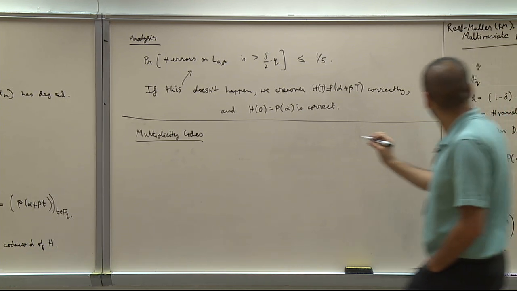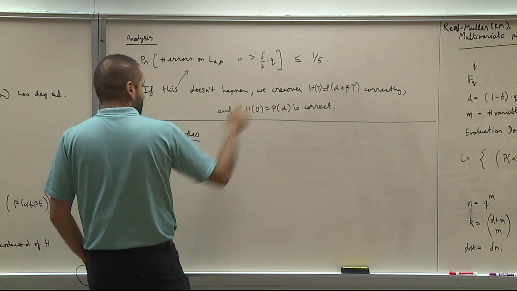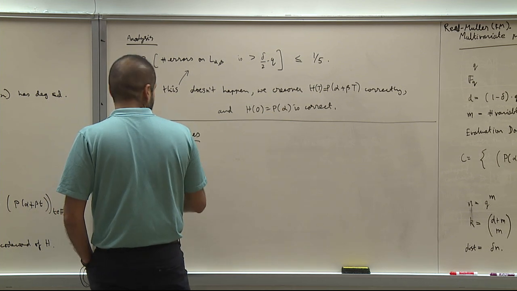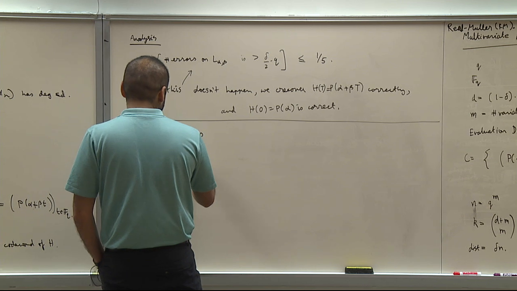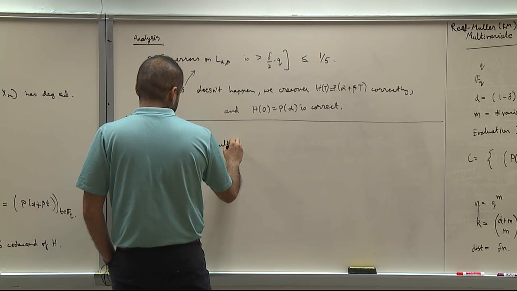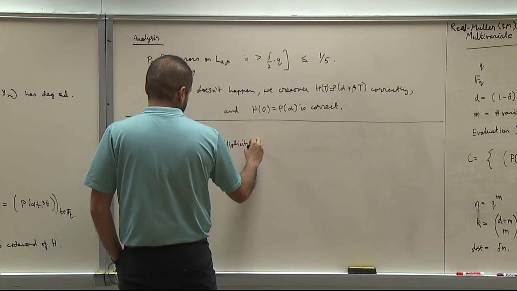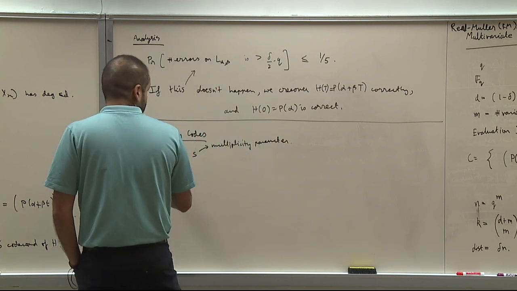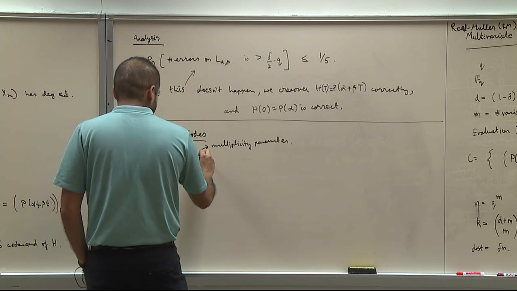Okay, so it has all these parameters. We have Q, D, M, and S, which is the multiplicity parameter. And a delta, I guess, right?